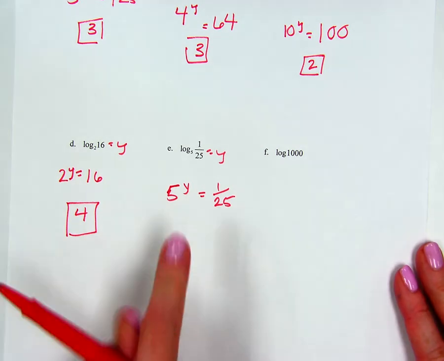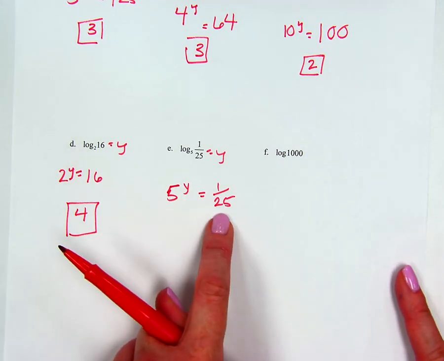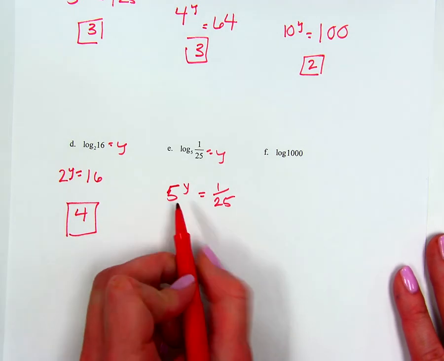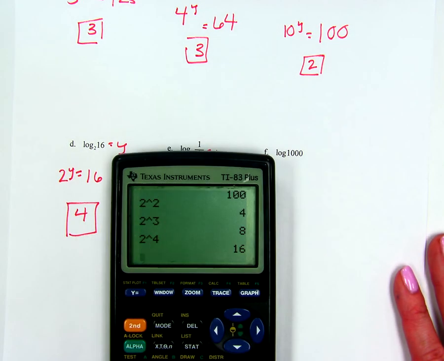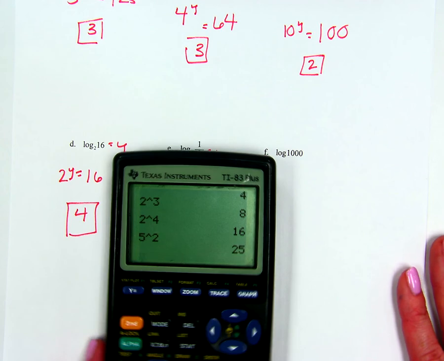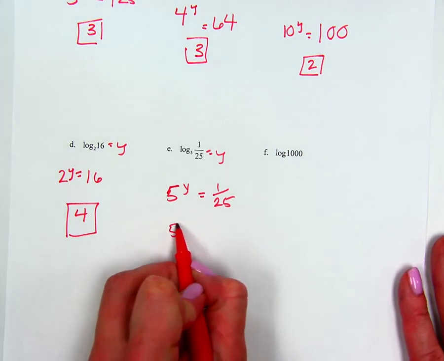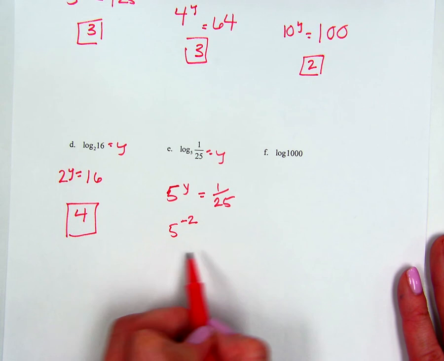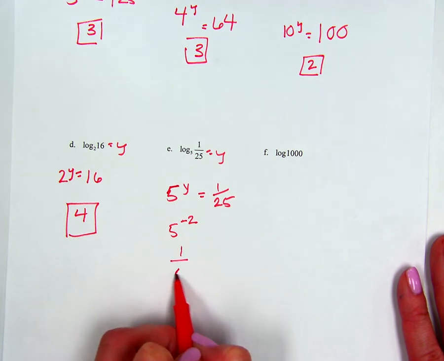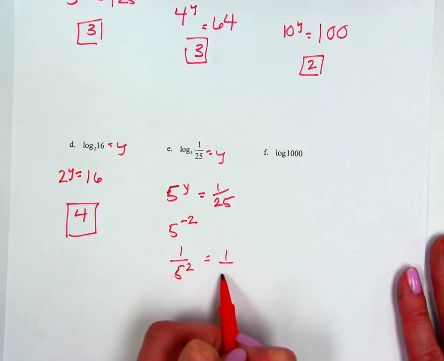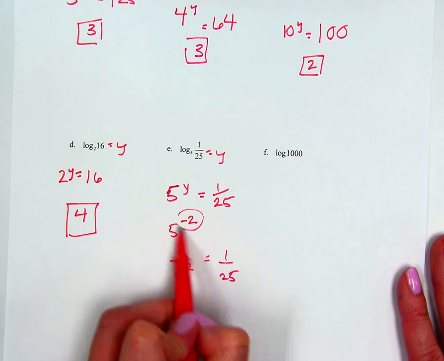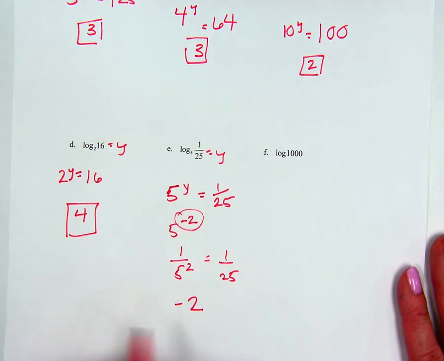If you know what number is going to give us 25, we're just going to make that negative. 5 squared, when we put that into our calculator, gives us 25. But remember, we need to reverse it. So if we did 5 to the negative 2, we would have to reverse that, so it's 1 over 5 squared, which becomes 1/25. So our answer is negative 2.